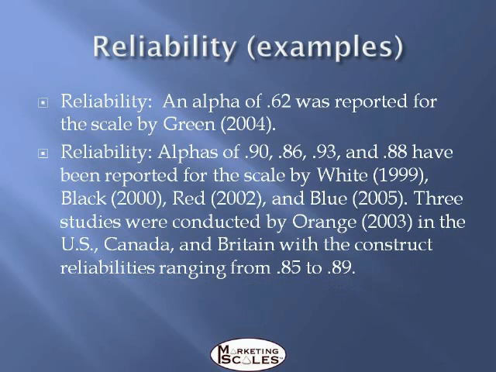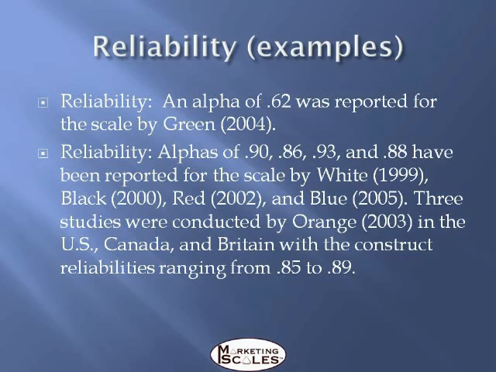Here are some made-up, fictional examples of things similar to what you might see in a review, and the first one there shows that someone named Green in 2004 reported that they had a scale with an alpha of 0.62. Now that would be considered low, and I'll leave it up to you to decide whether it's good enough or too low.